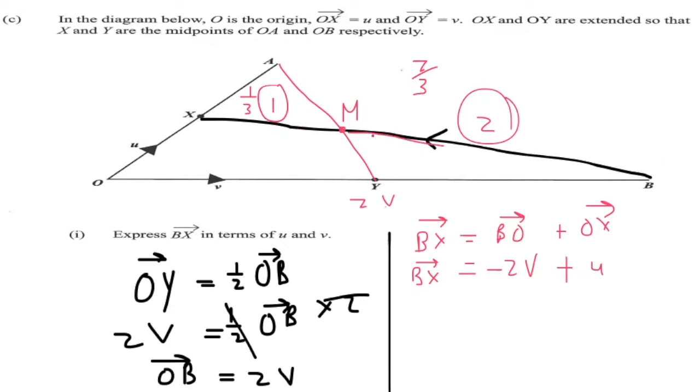If I say BM is 2 of something, it means you can get 2 of it out of it. So from here to here, I can get MX, and then from here to here, I can get another MX. So in other words, I can divide the line in 3 parts, and BM represents 2/3 of this line.